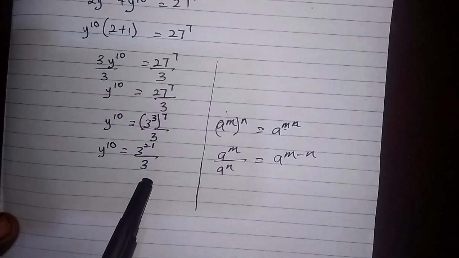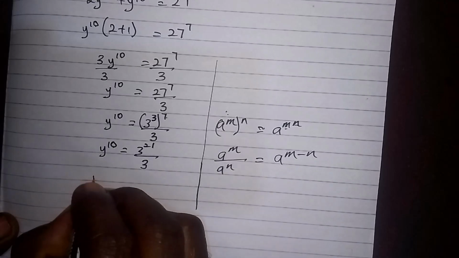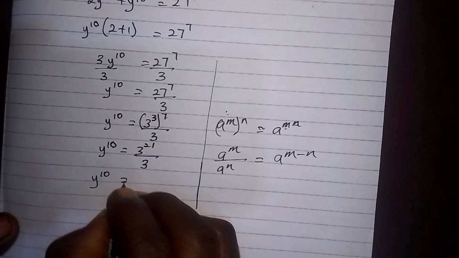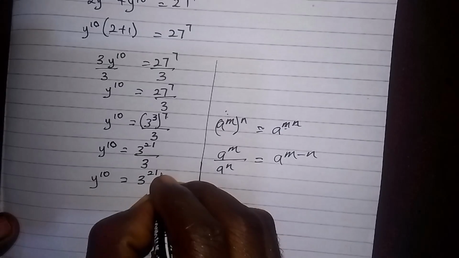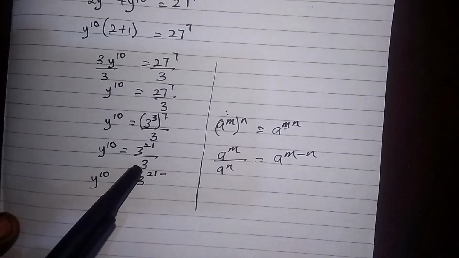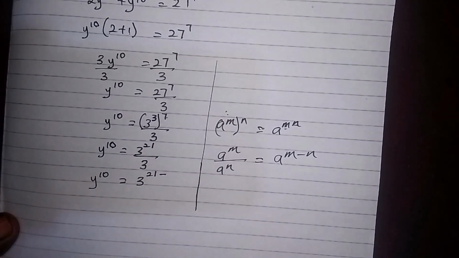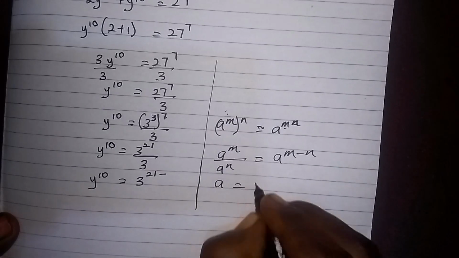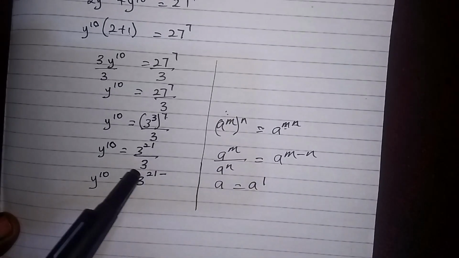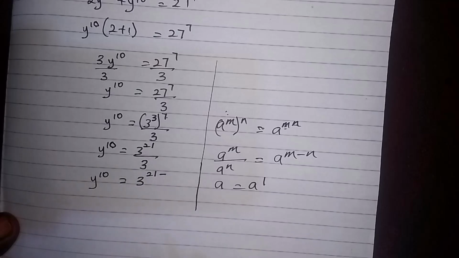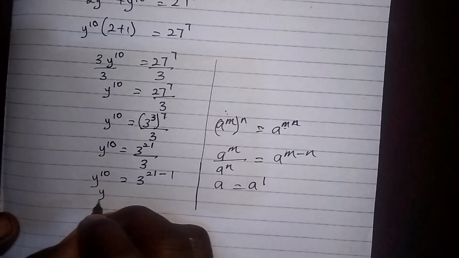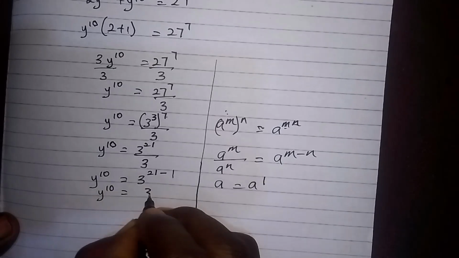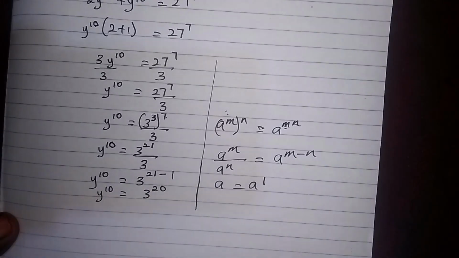This law is applied in our next step, giving us y to the power 10 equals 3 to the power 21 minus, take note that any number without a power is the same as the number to the power 1. So a is the same as a raised to the power 1, so this 3 has a power of 1. So 21 minus 1 gives us y to the power 10 equals 3 to the power 20.